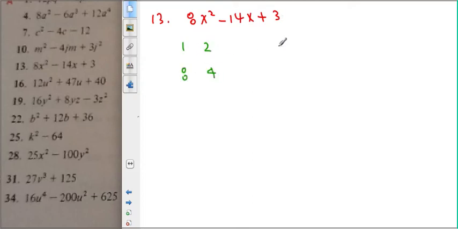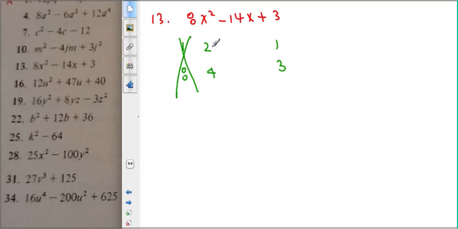And then 3 becomes simply 1 and 3. That's only one choice. So 1 times 1 and then 8 times 3 becomes 24. And one way or the other, 1 and 24 wouldn't make 14. Let me try the other way around, 1 and 3 and 8 and 1. That doesn't work either. 1 and 3 is 3 and 1 and 8 is 8. They don't add up or subtract to negative 14. So the first one is out.